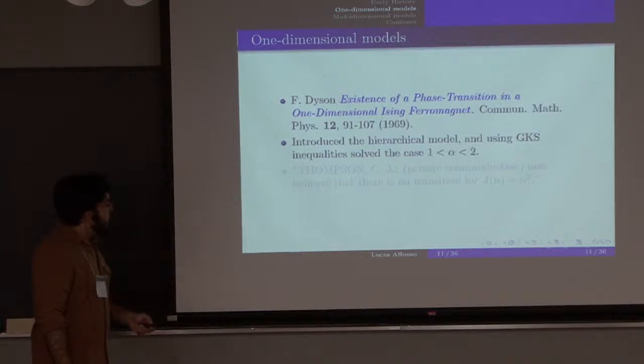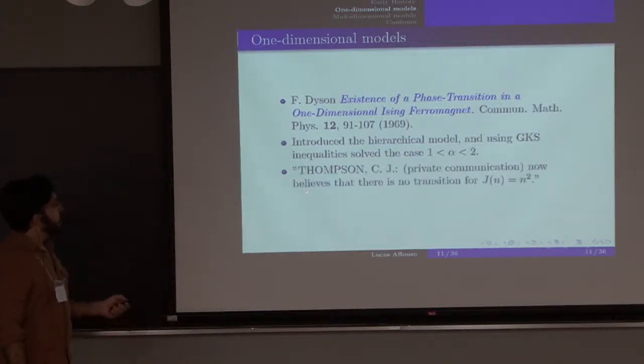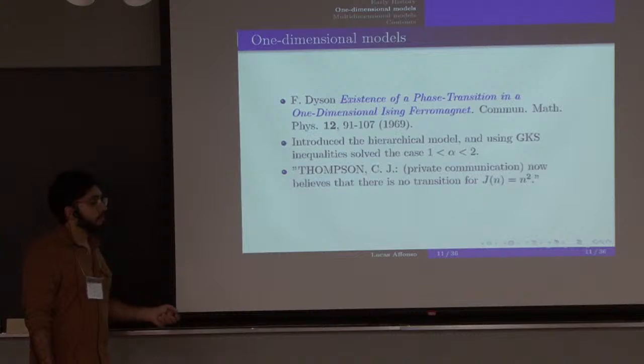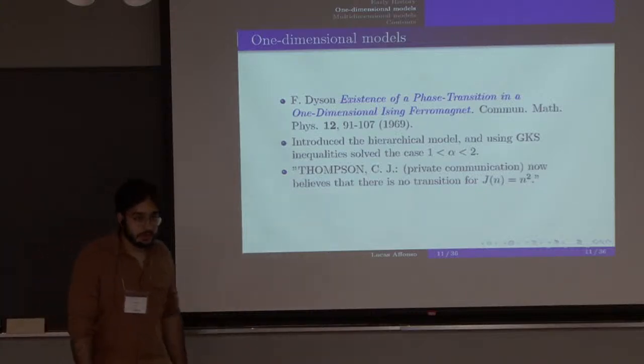Another interesting historical fact is that you will find in this paper, in the references, that in a private communication, Thompson said to him that he believes that for the case where alpha equals 2, there should not be phase transition.